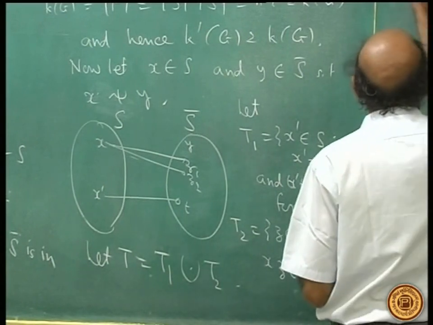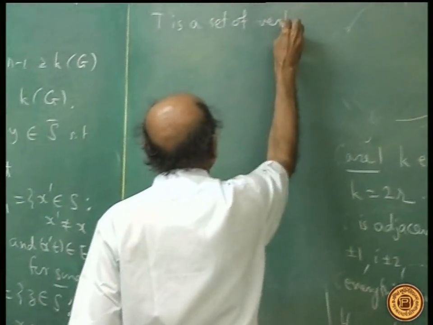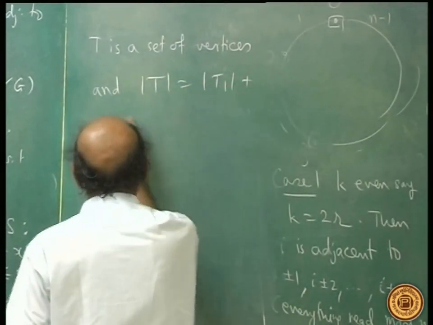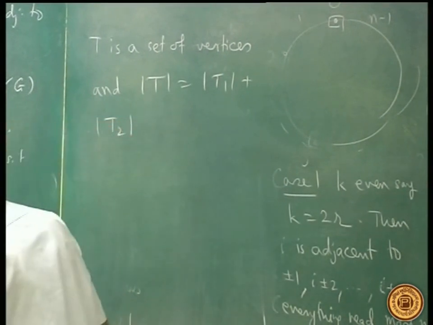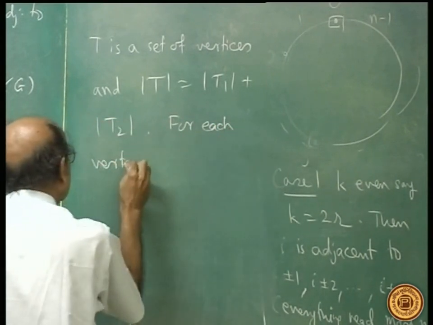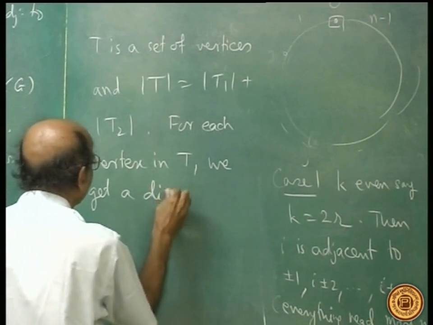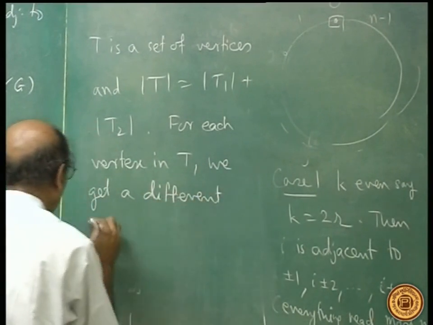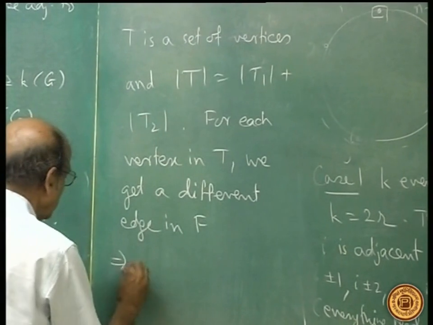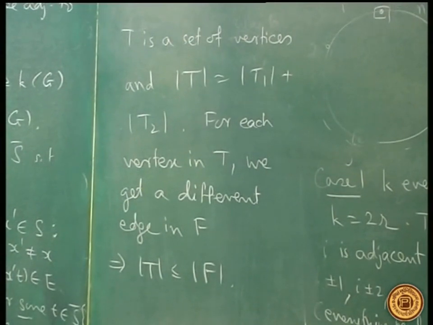T is a set of vertices. For each vertex in T, we get a different edge in F, which implies that size of T is less than or equal to size of F. If we can now show that T is a vertex cut, then we are through.